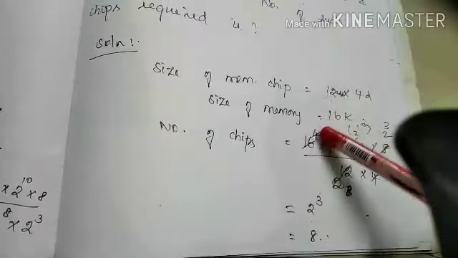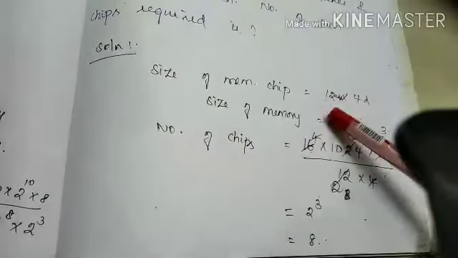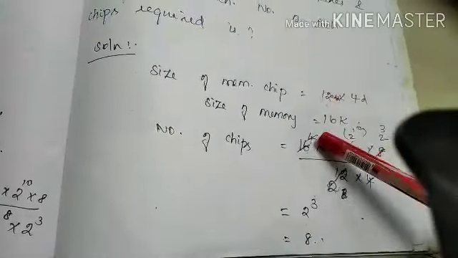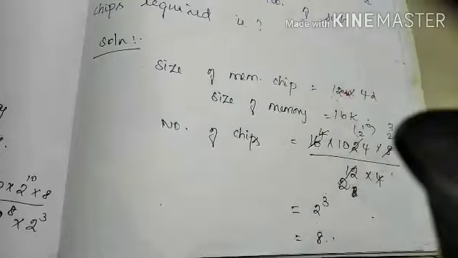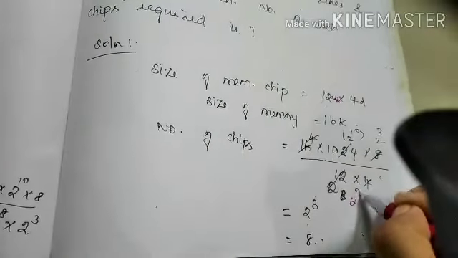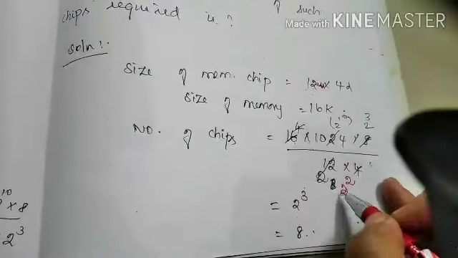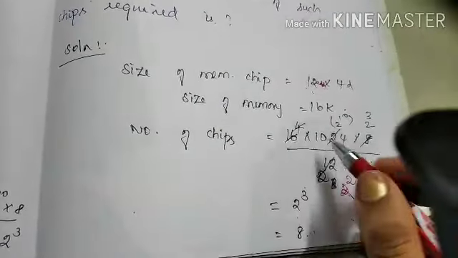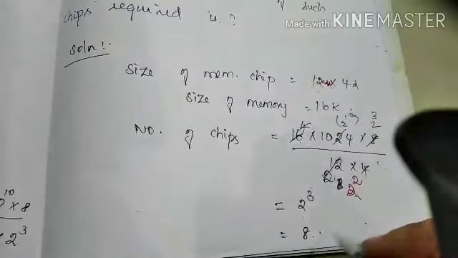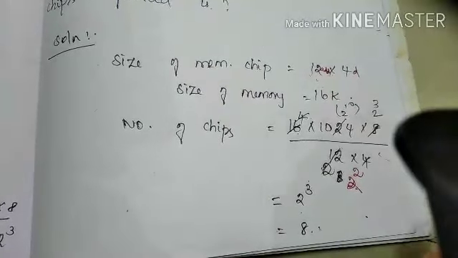This 16 and 4 get cancelled, remaining 4, which is 2 power 2. This 8 is 2 power 3. The 2 power 2 and 2 power 2 get cancelled, leaving 2 power 3, that is 8. The number of chips required is 8.